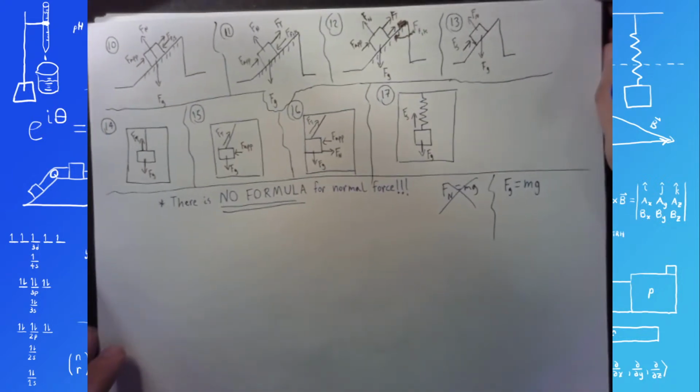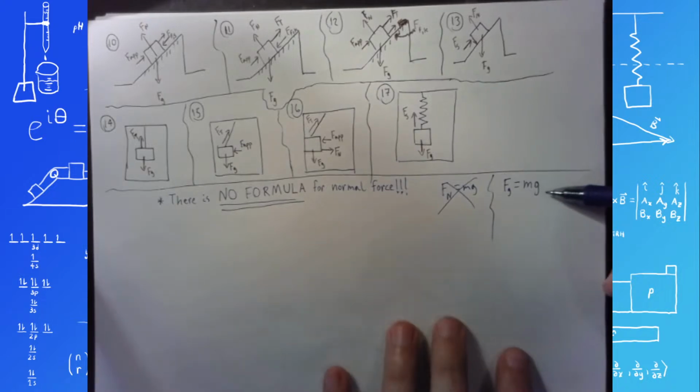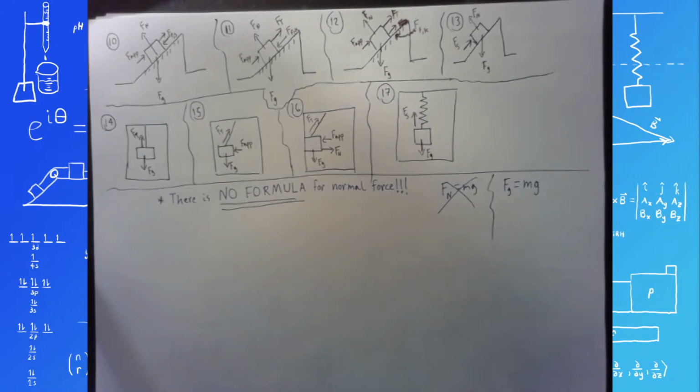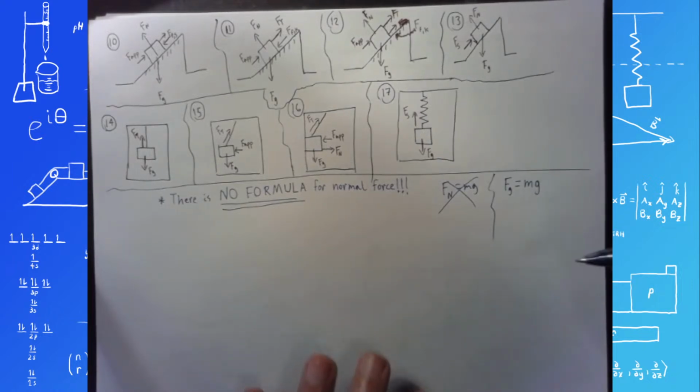But for now, for flat Earth physics, force of gravity is equal to mg, and of course if you're not on Earth, then you would use whatever value of g you have on that other planet or moon. For example, on the moon, g is 1.6. You would just use your weight on the moon as your mass times 1.6, or whatever the g happens to be where your object is at.